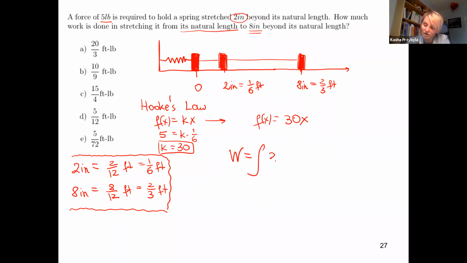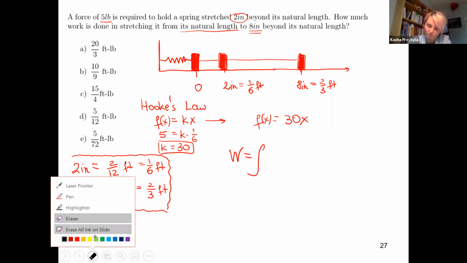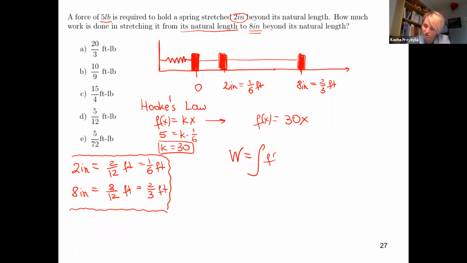We will integrate f of x, because as soon as it's not constant, we have to integrate. Integrating means checking the work at every single sub-interval and adding together. And we know this is the formula, 30x.